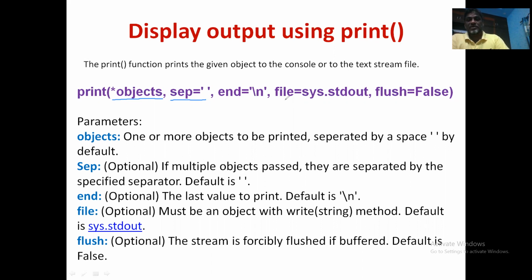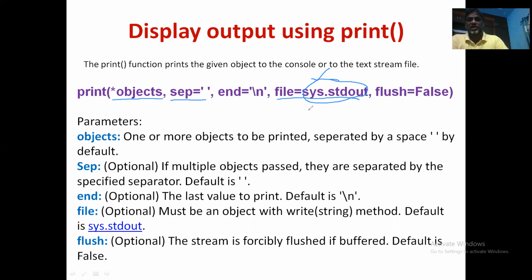And the fourth parameter is file is equal to sys dot stdout. This is the default parameter. If you do not mention file is equal to, then it will be taken as sys dot stdout. That is the meaning of default value. You can mention any other file name explicitly to write the contents into the file.